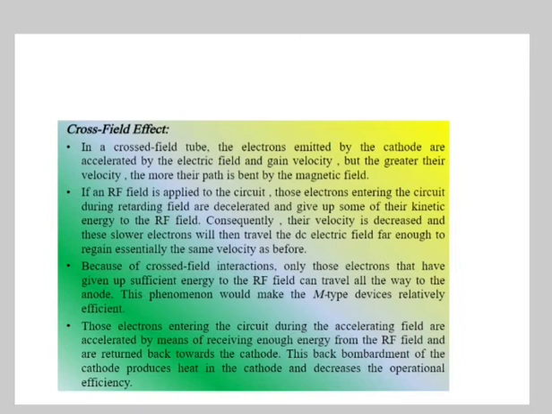So their velocity is decreased and the slower electrons will then travel in the DC electric field far enough to regain essentially the same velocity as before. And because of the crossed field interactions, only those electrons that have given up sufficient energy to the RF field can travel all the way to the anode, and this phenomenon makes the M-type device relatively efficient.